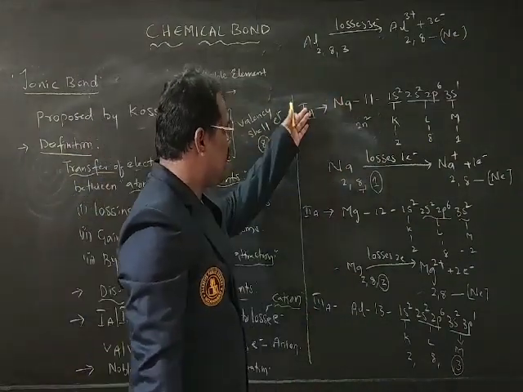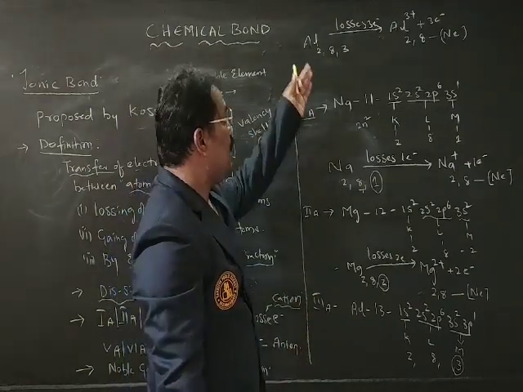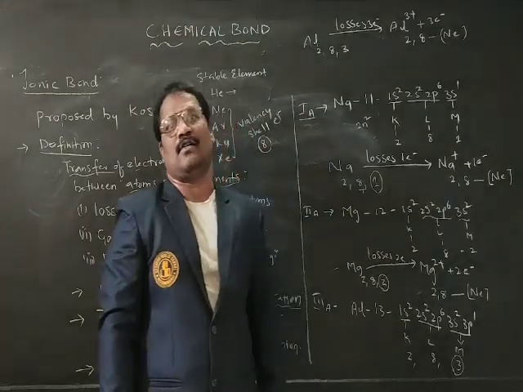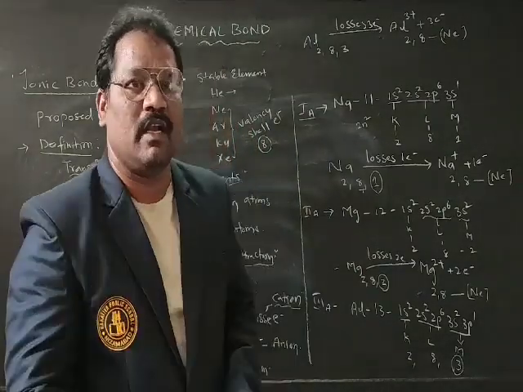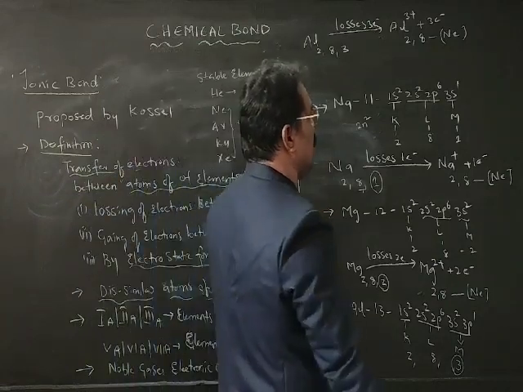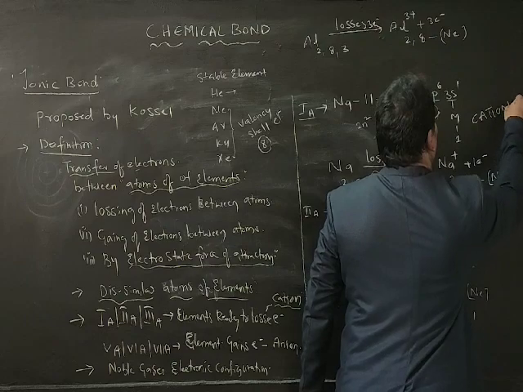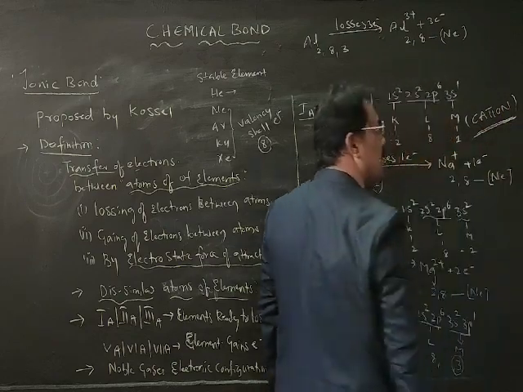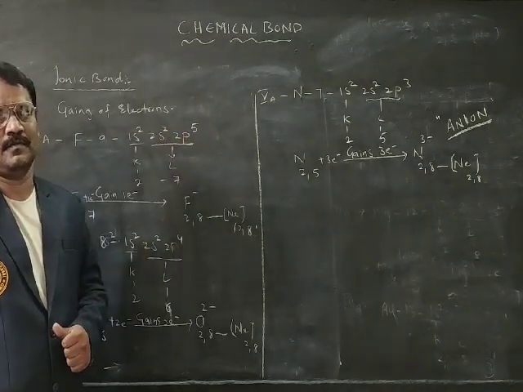So in this way, first A group, second A group and third A group elements lose their electrons to attain stability. As they lose electrons, they form an ion. That ion is called a cation. Next, coming to gaining of electrons.